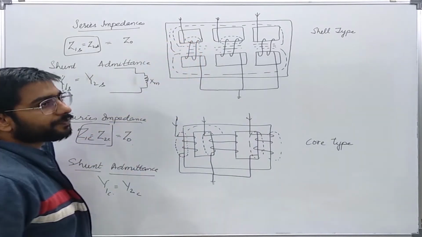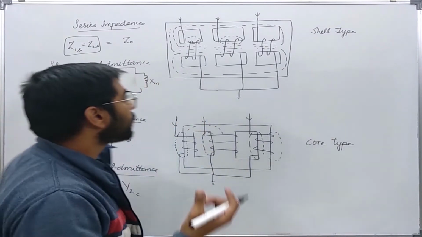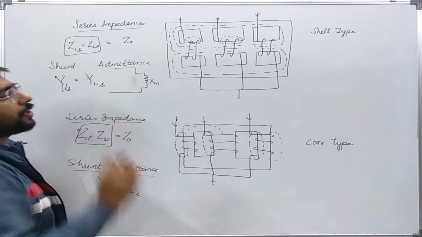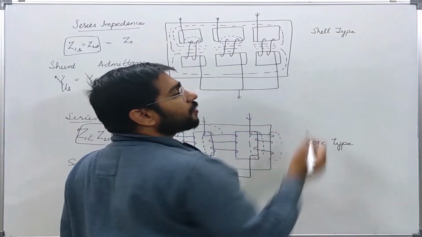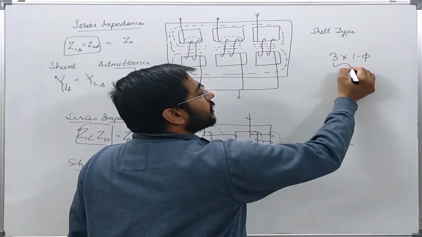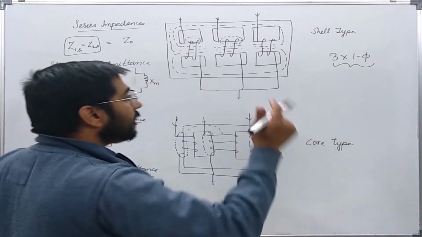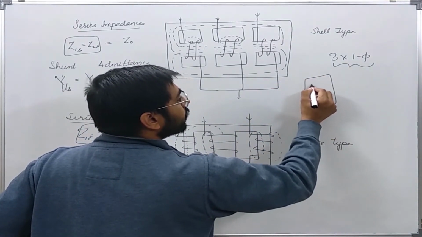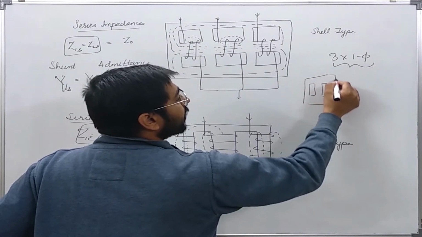So this Xm for the zero sequence excitation current, although it will be quite similar to positive sequence and negative sequence, as we have seen in the single phase transformer and the bank of 3 single phase transformers, the quantity will be the same. However, there will be a little bit of difference. If I draw those 3 banks, let me draw that again.